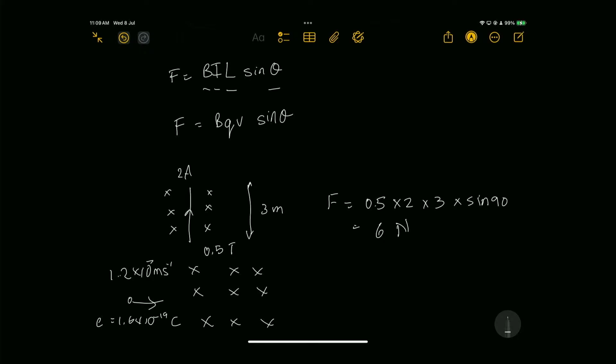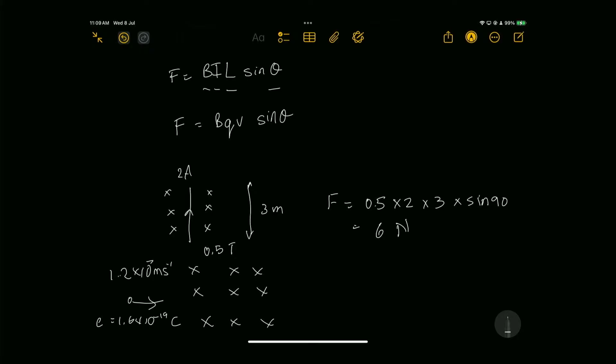Up. No, so it would not be up. We have to use Fleming's left hand rule, right? So what direction would we point our middle finger? To the right.